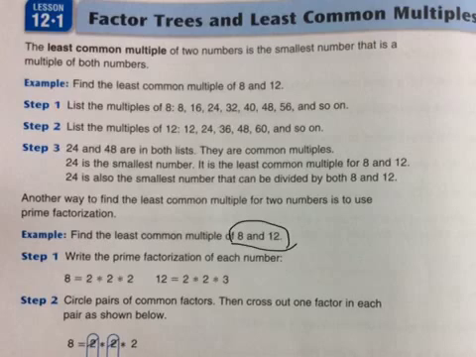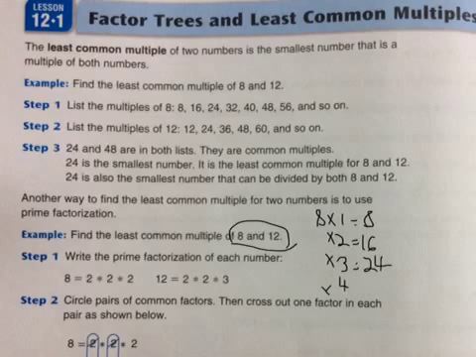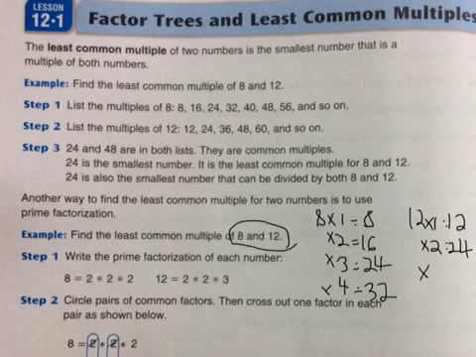When you're multiplying by 8, 8 times 1 is 8, times 2 is 16, times 3 is 24, times 4 is 32. And when we do it with 12, we'll have 12 times 1 is 12, times 2 is 24, times 3 is 36.